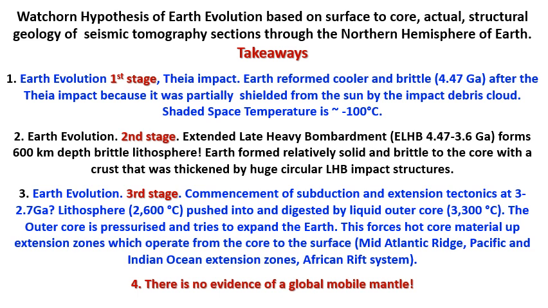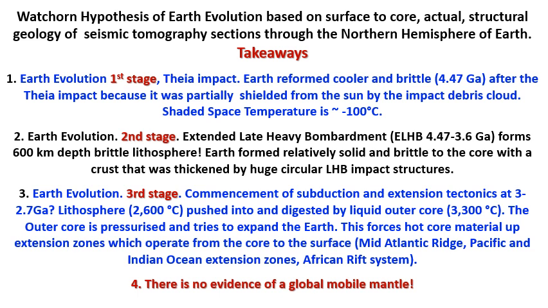Earth evolution third stage. The commencement of subduction and extension tectonics at about 3 to 2.7 gigaannums. The lithosphere at 2,600 degrees centigrade was pushed into and digested by the liquid outer core, which is at 3,300 degrees centigrade.